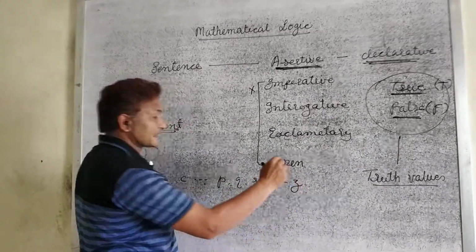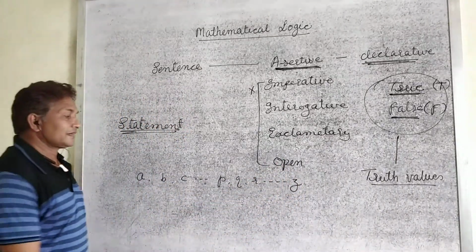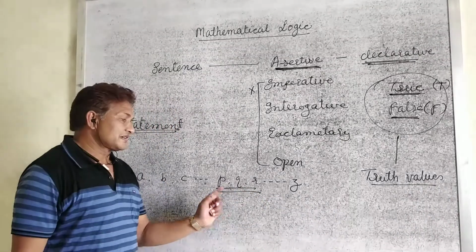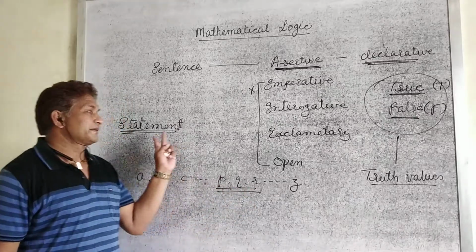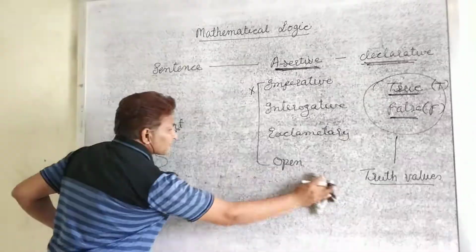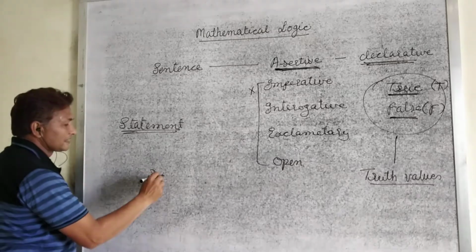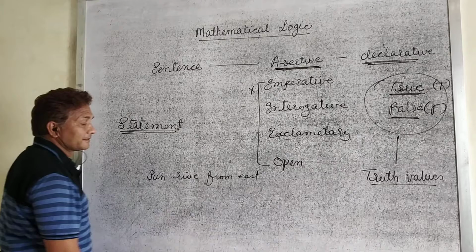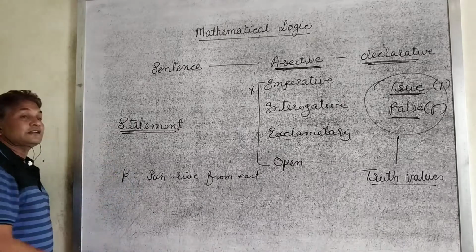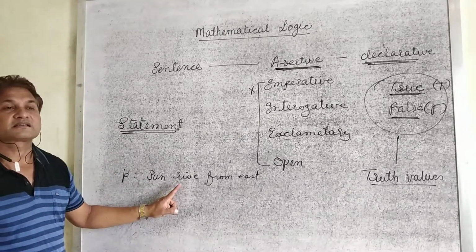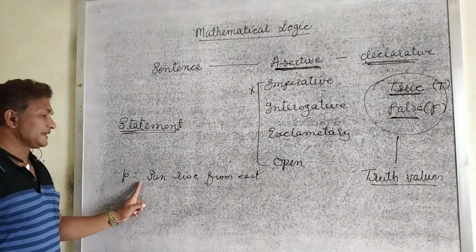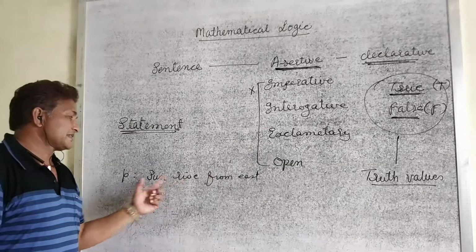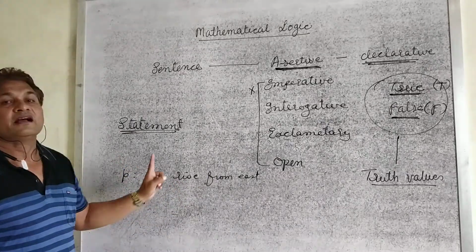But in general the sentences are represented by P, Q, R. Mostly we use P, Q, R to represent a sentence. Example: the same example, the sun rises from the east. Represent it as P. So P represents this statement. So P is the sun rises from the east. In this way we can represent a sentence by alphabets P, Q, R.